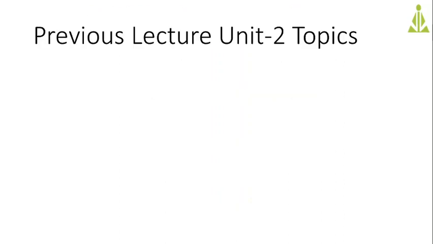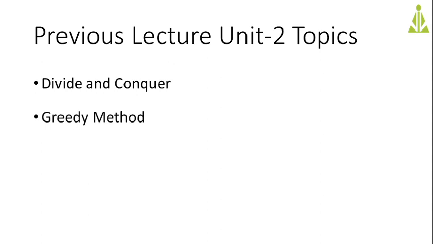In the previous lecture, we started unit 2 and discussed how many chapters there are and what the topics are. The first chapter in unit 2 is divide and conquer, and the second chapter is the greedy method.